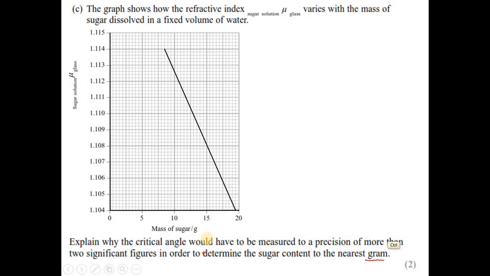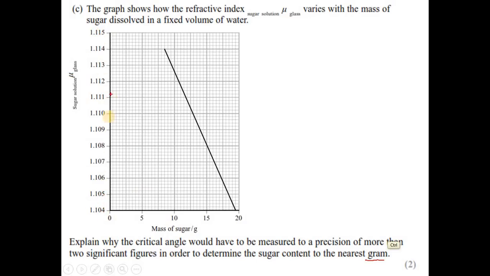The reason is, if you see the graph, first of all, you can see that the refractive index is measured throughout the graph to more than 2 significant figures. So you can see that you have 1.104 and so on.